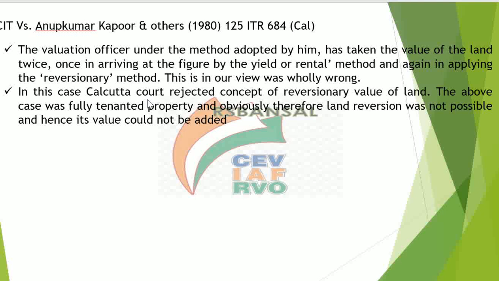In this case the Calcutta court rejected the concept of a reversionary value of land. The above case was a fully tenanted property and obviously the land reversion was not possible, and hence its value cannot be added. So especially in the case of rent controlled property where you are using YP perpetuity.